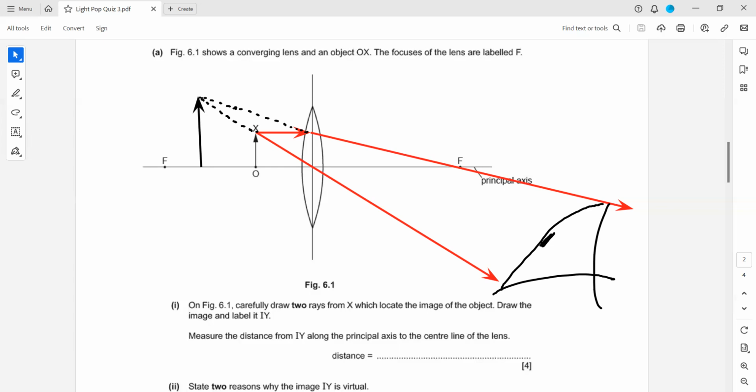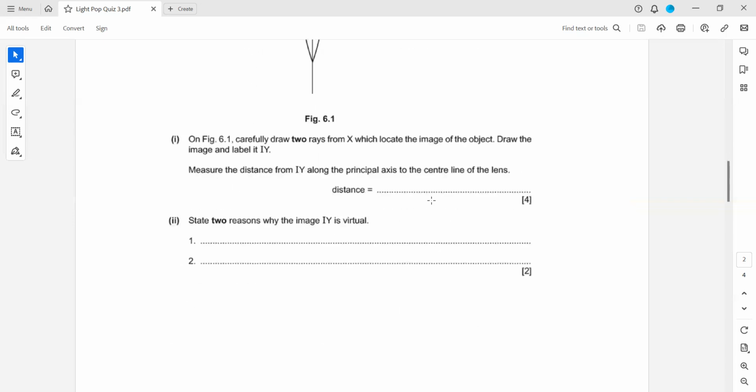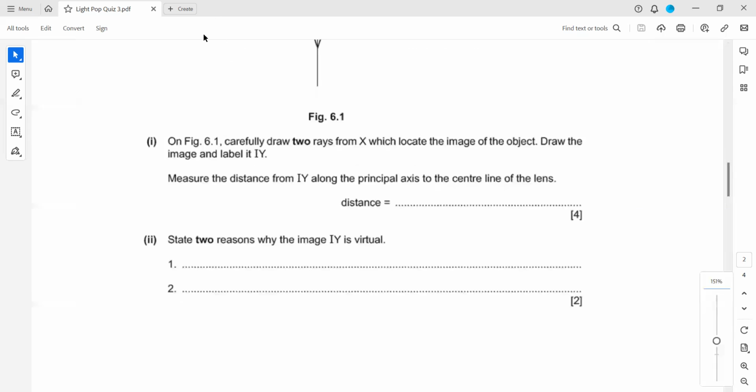When the object is between the focus and the lens, it will always form a virtual image. State two reasons why the image is virtual. So why is the image virtual? Number one, the object is between the focus and the lens. And the rays will not meet by themselves after the refraction.